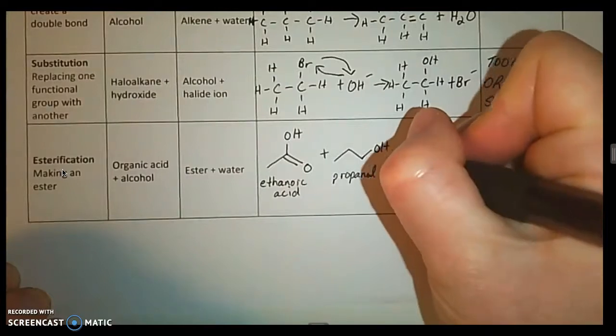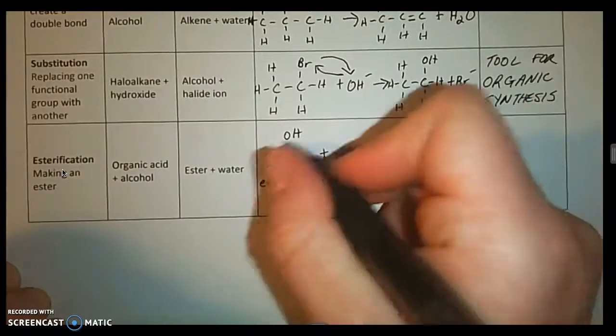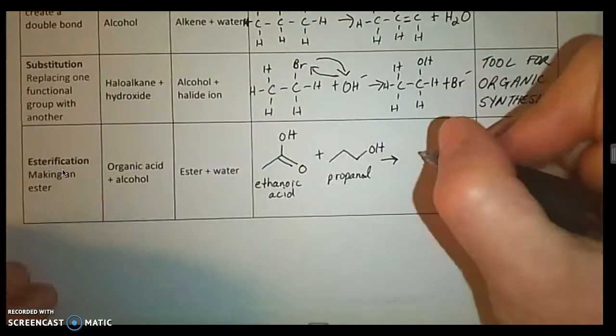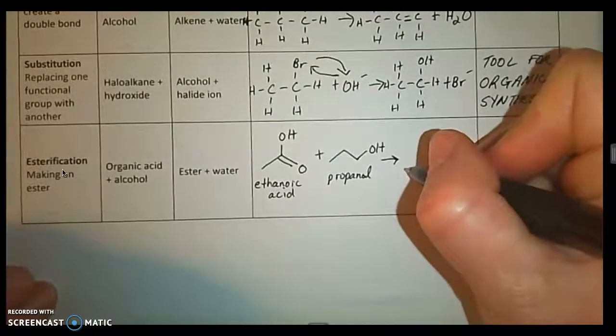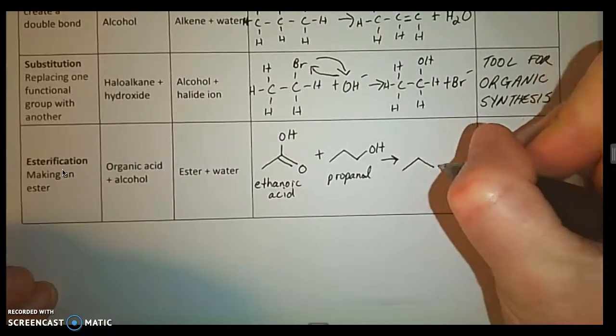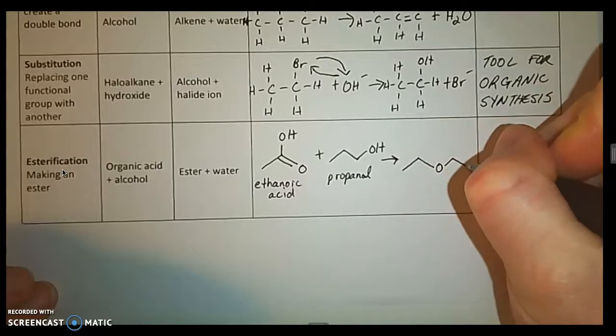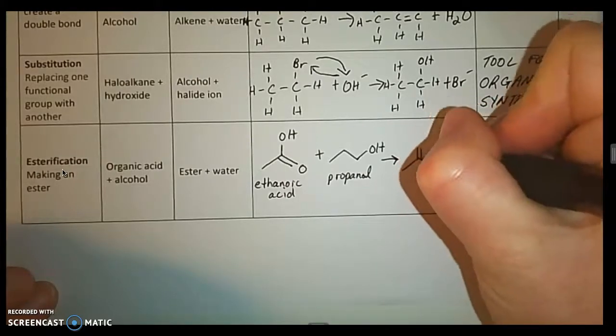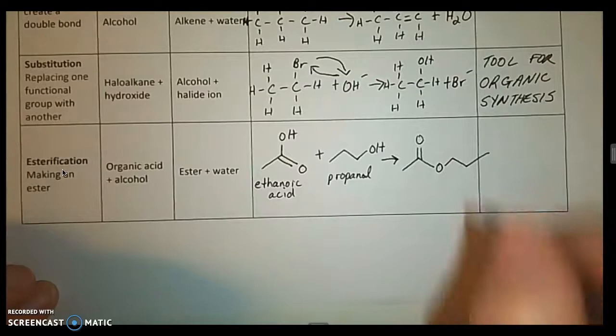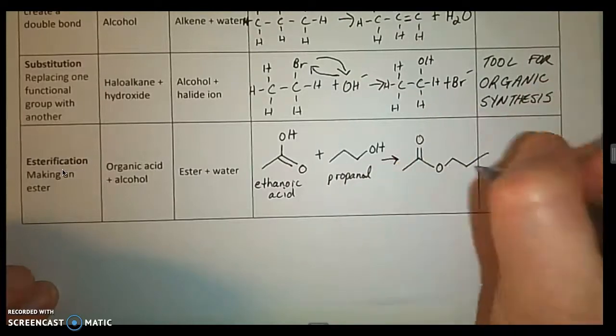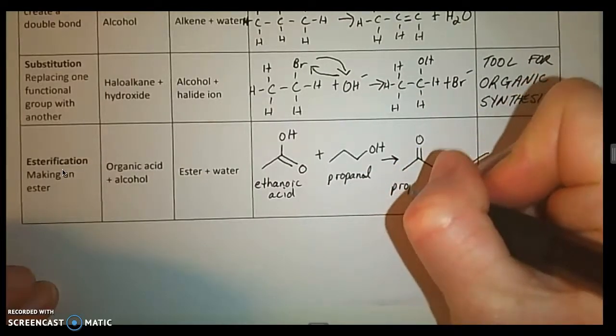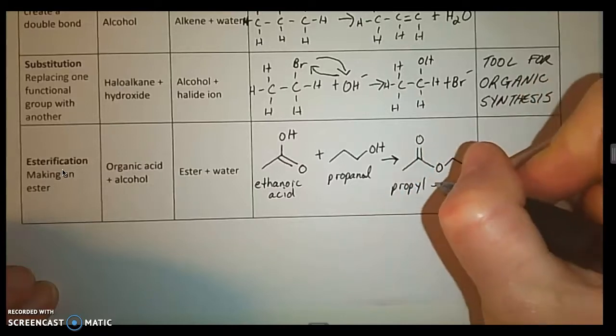These two compounds, an organic acid and an alcohol, can combine together to make an ester. This particular ester would be called propyl ethanoate.